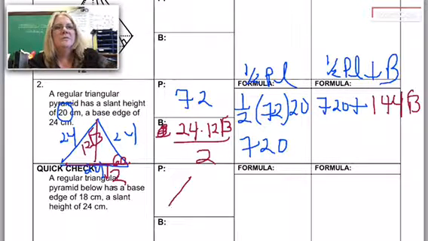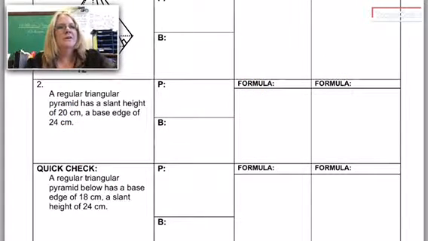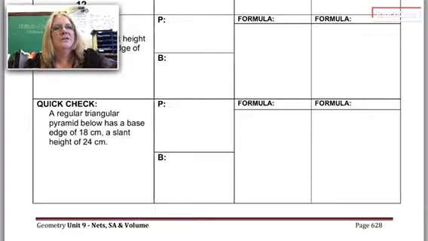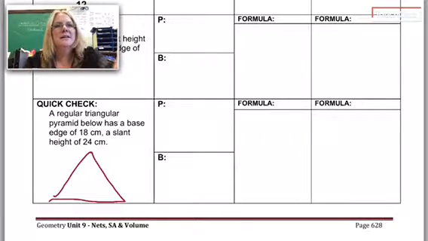Okay, let me erase now. Okay, this is going to be a triangular pyramid. So I'm going to draw my triangle here. It has base edges of 18.